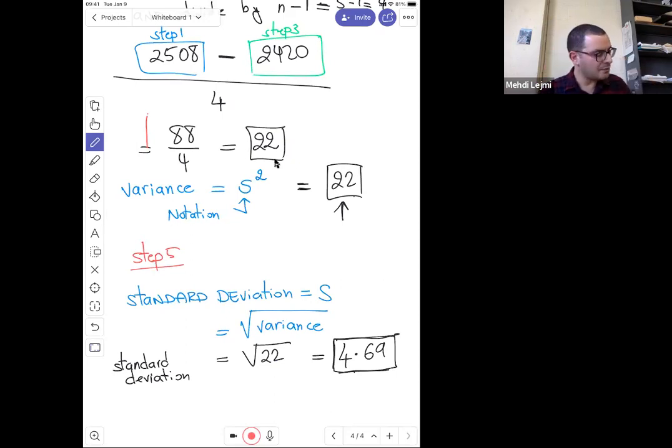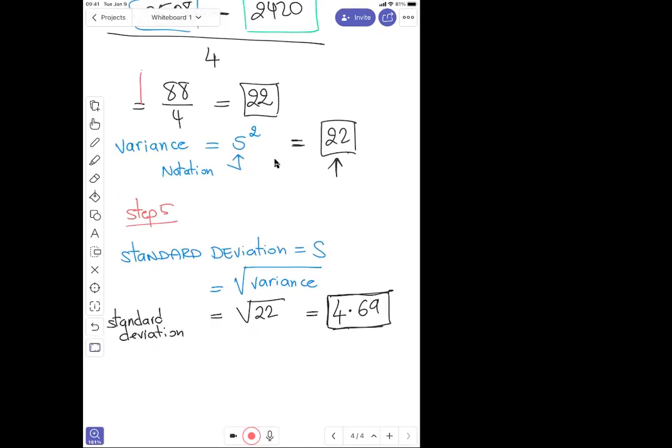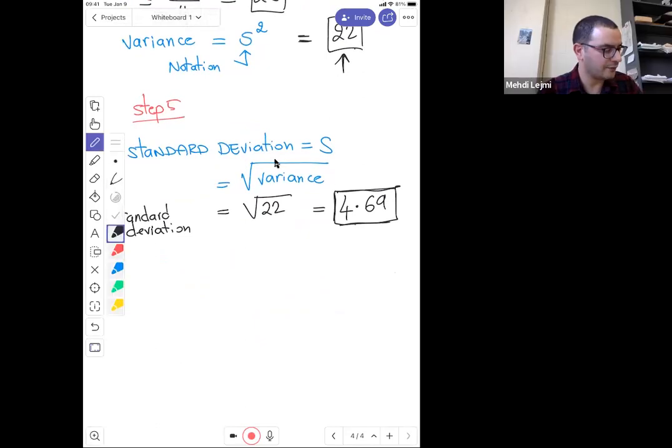So let me just write down here the formula I used for the variance and the standard deviation.